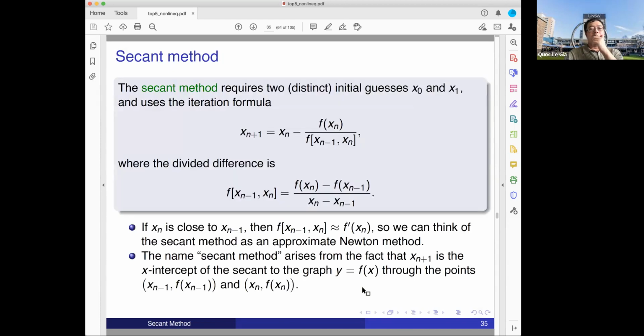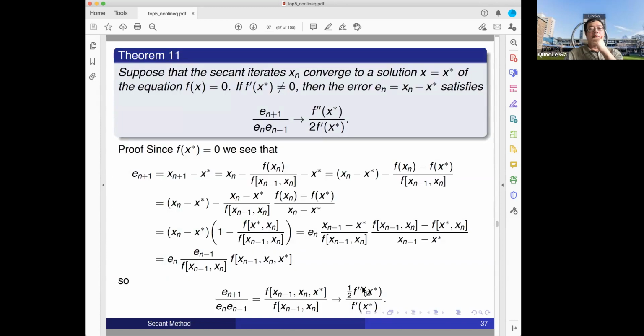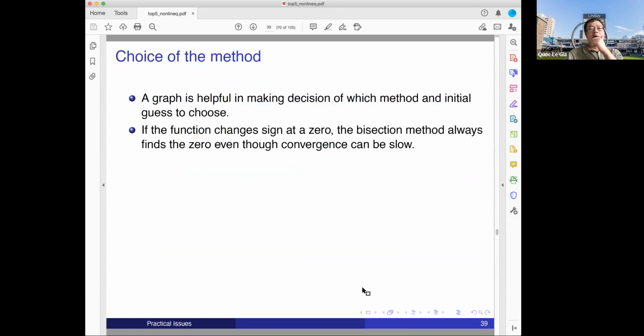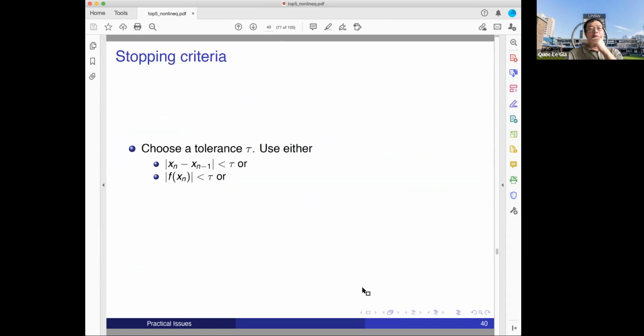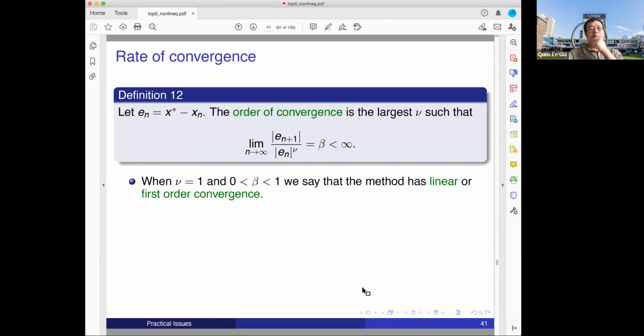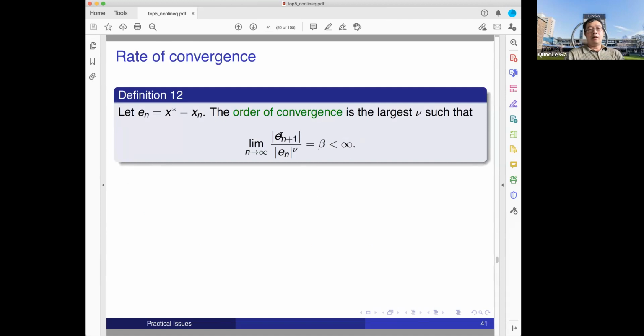The definition just says that you take e_{n+1} over e_n, to the power 1, equal to g'. So then you know that for the fixed point iteration, the order is just 1.